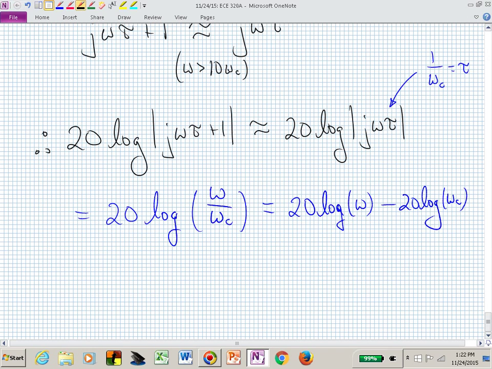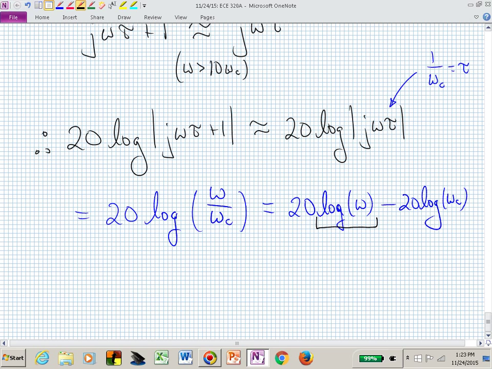And do you remember when we were sketching the constant term? What was our horizontal axis? What was our independent variable? How did we label that independent variable? Not giving any hints at all.